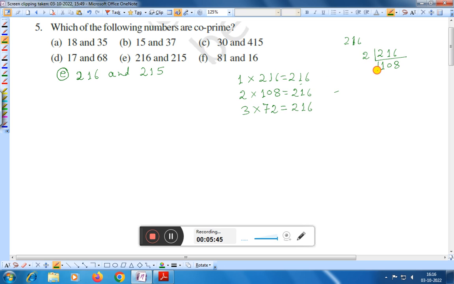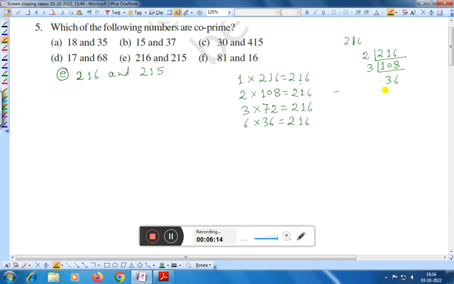Then we can find division by 3: 3 into 36. 6 into 36 is also 216.